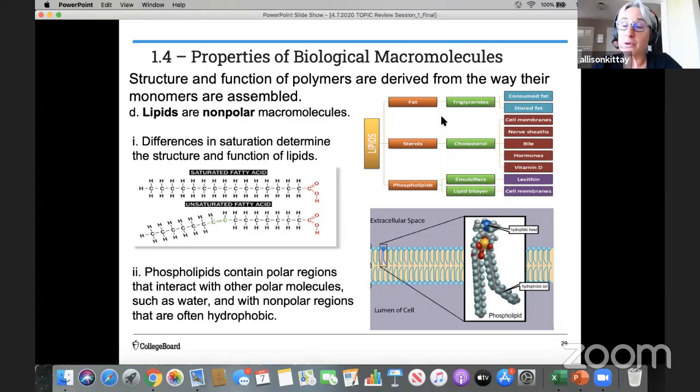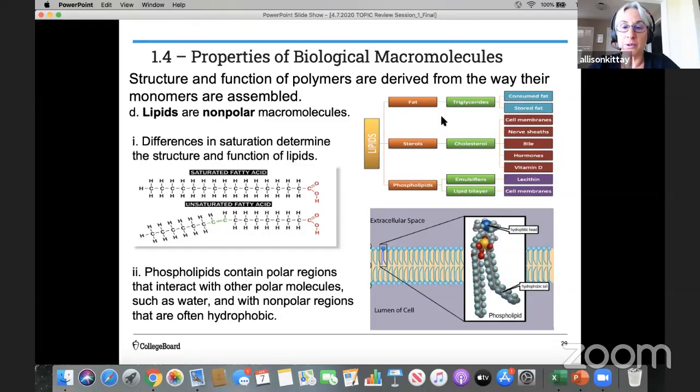Triglycerides are stored fat or consumed fat. They make up cell membranes. Specifically, phospholipids are important in cell membranes, and I'm going to go into detail about that. They're also extremely important in creating the myelin sheaths that cover your nerve axons.